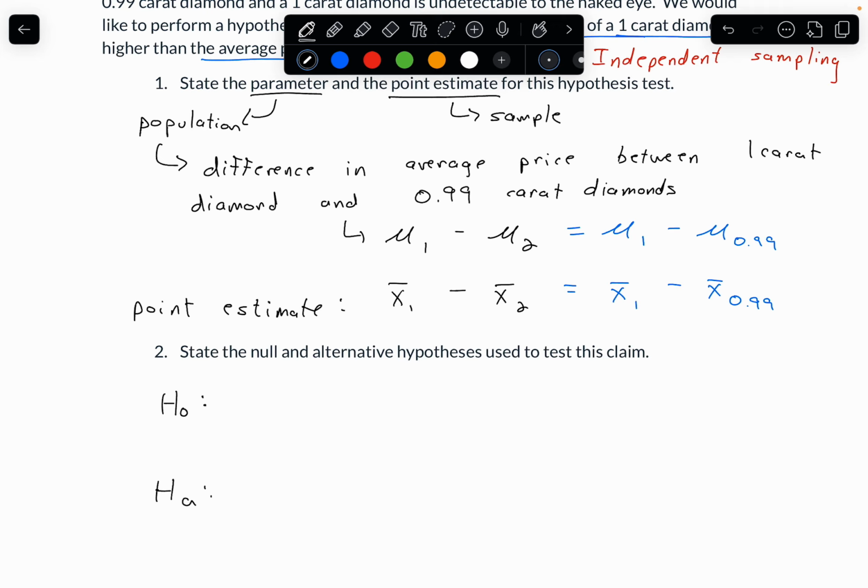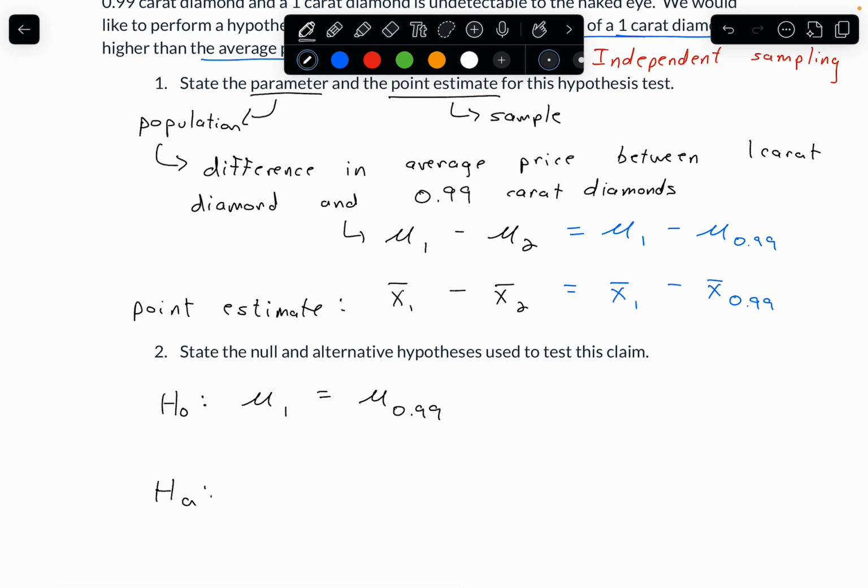So when we're working with independent sampling, again, the null hypothesis we always sort of get for free. We're going to assume that the two population means are equal. So we're going to assume that the difference, in other words, is really equal to 0. But how we can write that is we can say the average price of the 1 carat diamonds is exactly the same as the average price of the 0.99 carat diamonds.